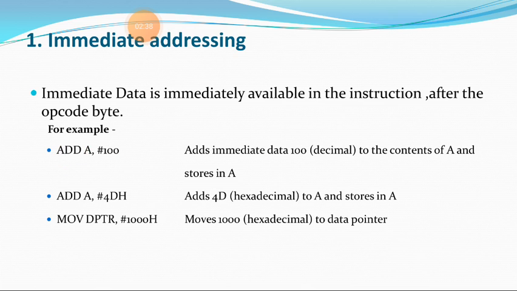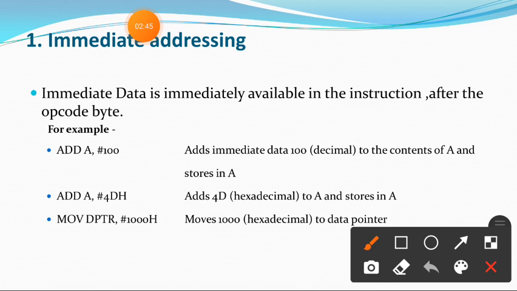Here ADD is the opcode. So after the opcode byte, ADD, the immediate data will be specified. The next is ADD A, #4DH. Here H indicates this is hexadecimal data.